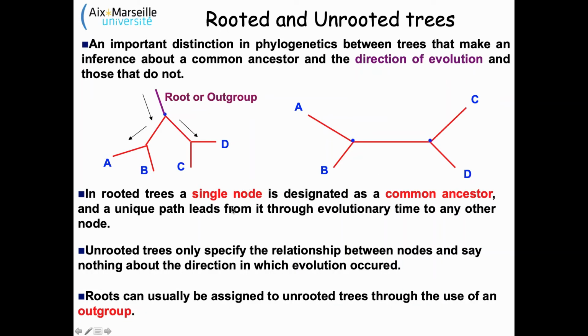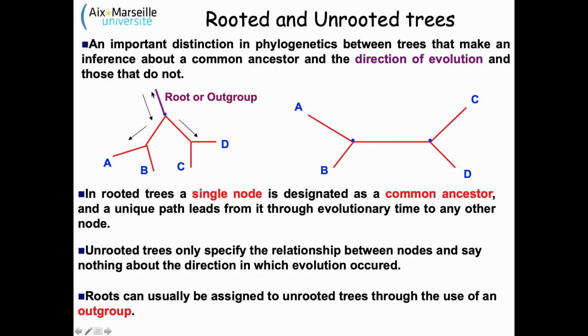Because in the rooted tree, the root is also called the outgroup, okay? In the rooted tree, you designate, in fact, the common ancestor, and because you designate the common ancestor, you know the direction of the evolution.